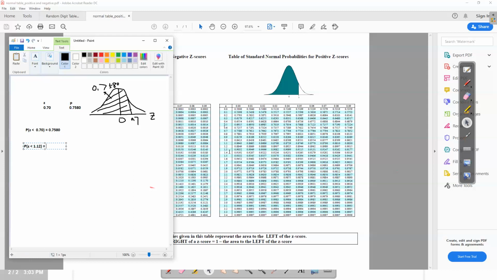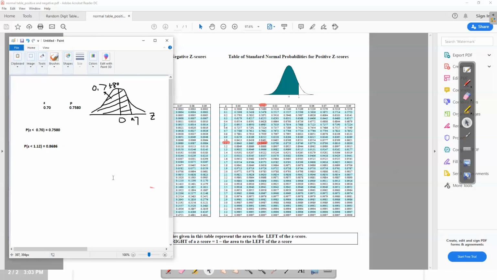The probability matched with that Z-score is 0.8686, right? So this probability will be 0.8686, and that's it. So we can find the probability of a Z distribution.